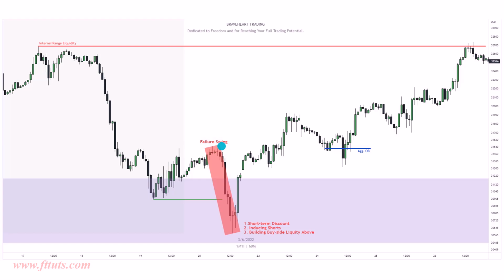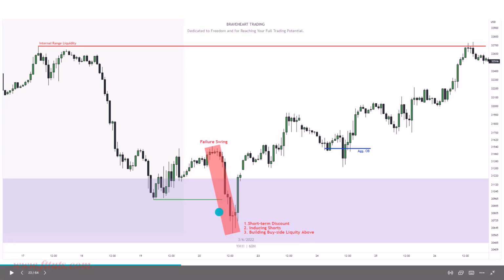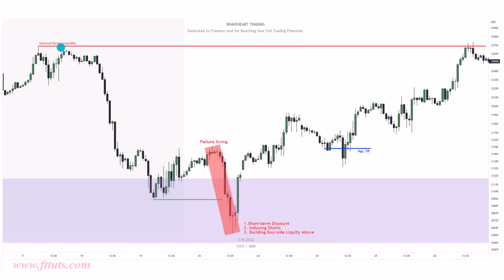So this fader swing created a short-term discount by breaking here, extremely cheap, and whilst doing it, inducing a ton of shorts in the market with breakout shorts, which then builds buy side liquidity up here. And if these guys are unwilling to take the stop out, then they're just going to move up here, right? Or maybe this breakout was more of a long-term play, and they did put the stop up there. Okay, regardless, there's always going to be liquidity on breakouts.